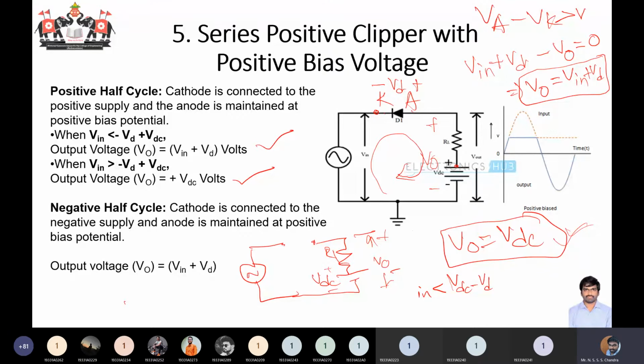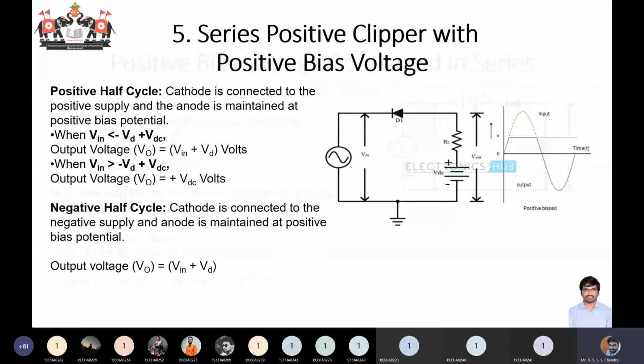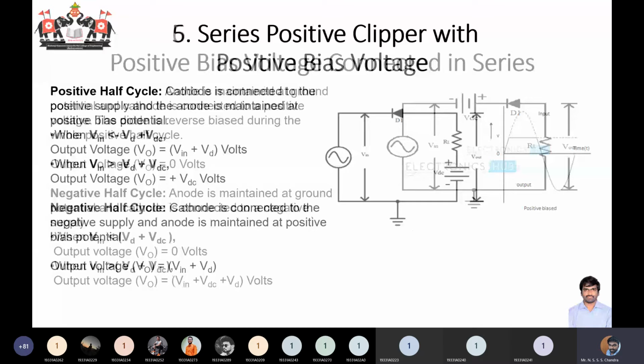Cut-in voltage, in some books it will be given differently. You should check if the diode is in on condition or off condition. That's the only thing. So let us check for this series positive clipper circuit. I'll show you the simulation diagram.